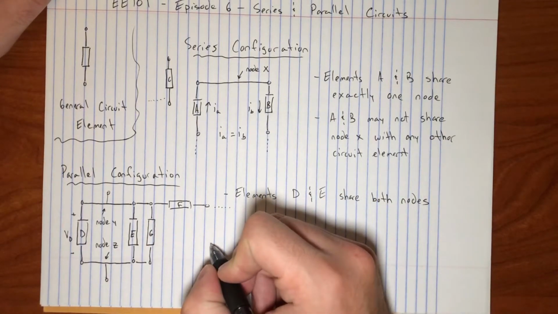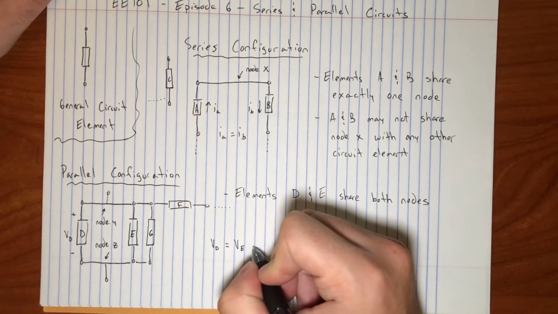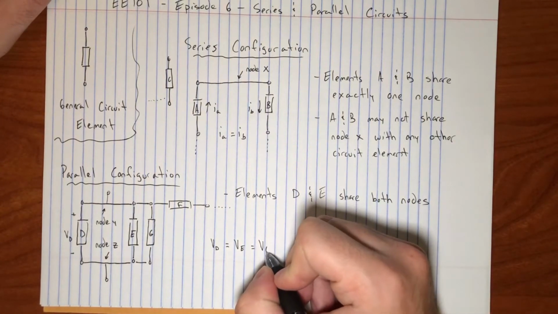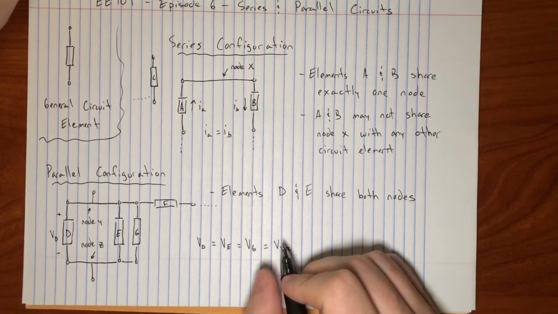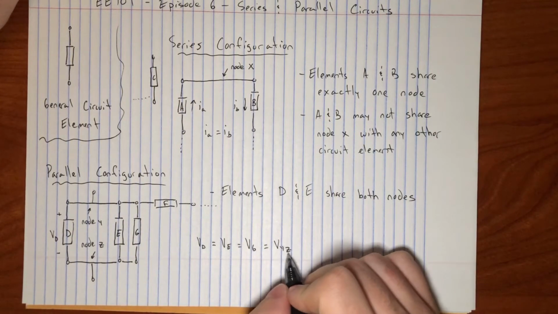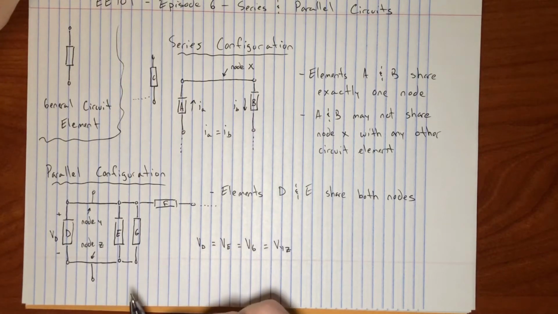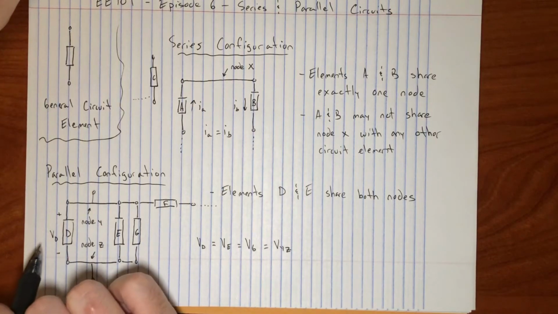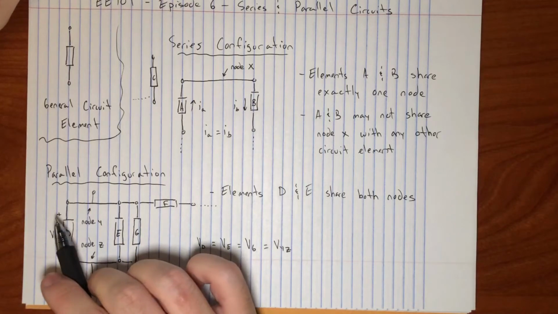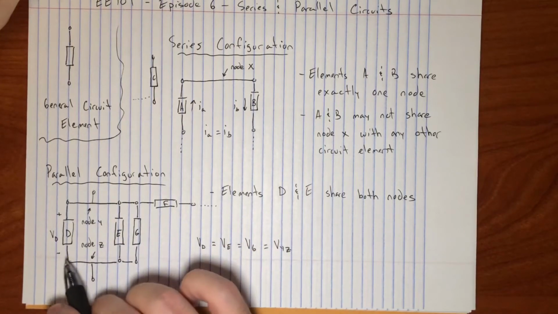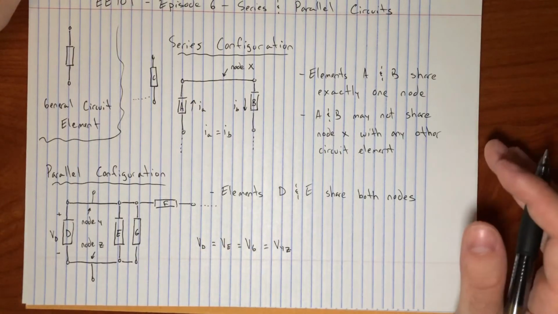So VD equals VE equals VG. Sometimes you might see people represent this voltage as VYZ, describing it based upon the nodes that it appears across. So the plus and minus terminals of this element also correspond to node Y and node Z. This is really the same voltage, and it is common to see it represented that way.